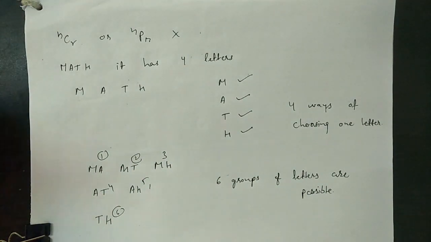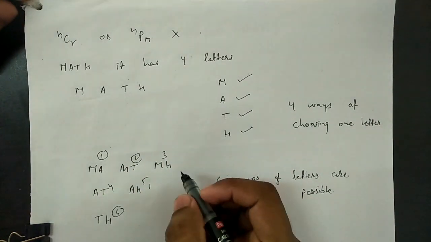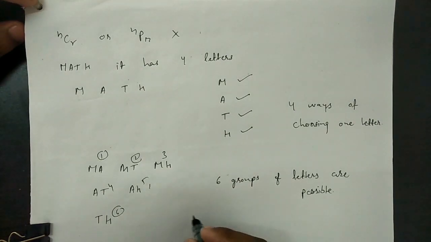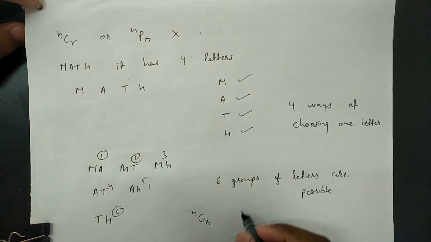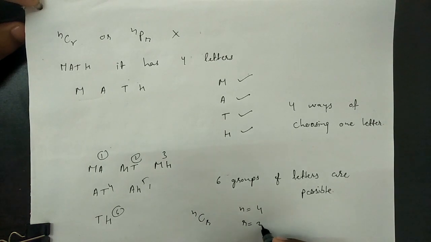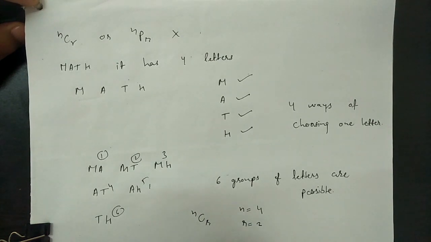So if we want to solve it quickly, we can use the combination formula called nCr. We have 4 letters, so n is equal to 4, and we are choosing 2 letters, so r is equal to 2.